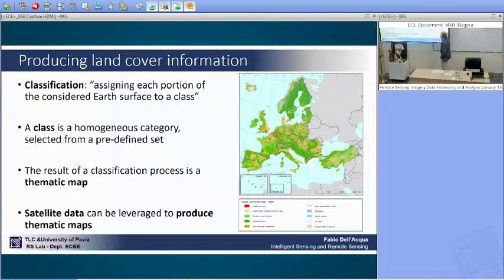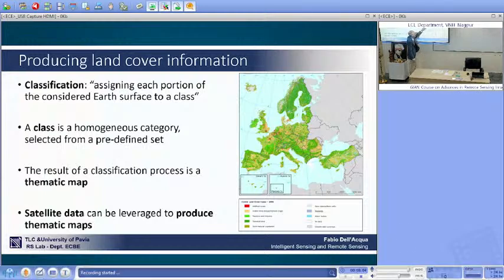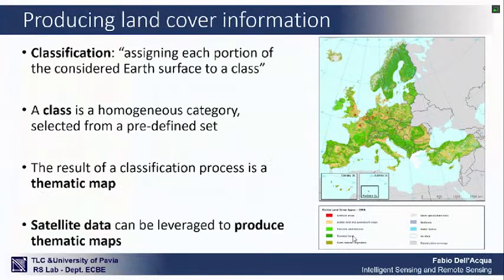It's a land cover map which covers the whole of Europe, and it basically breaks down the surface of Europe into various classes which are listed here. See? Again, even in this case, what you're looking at is not the data itself. Again, it's a visual representation of the information that was generated.